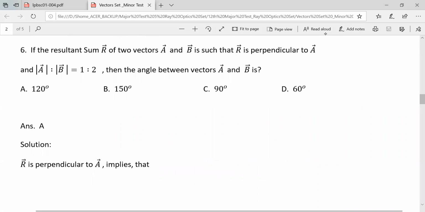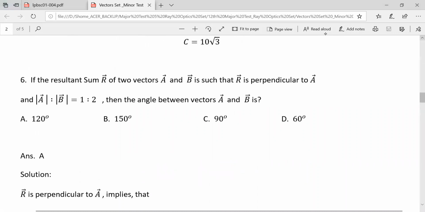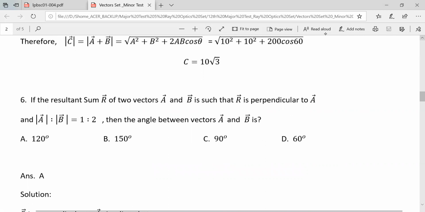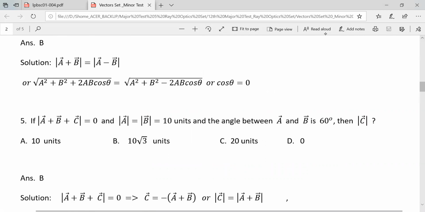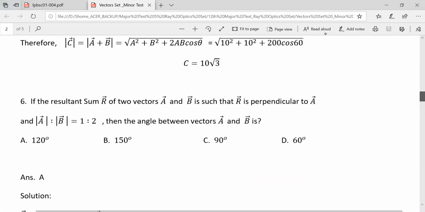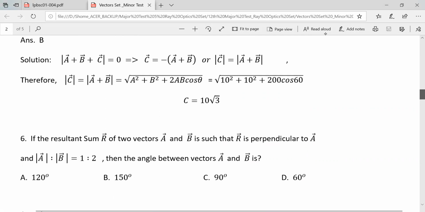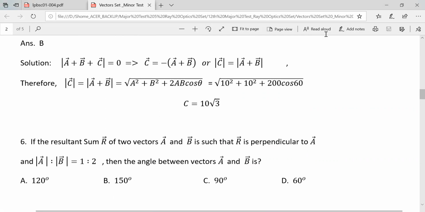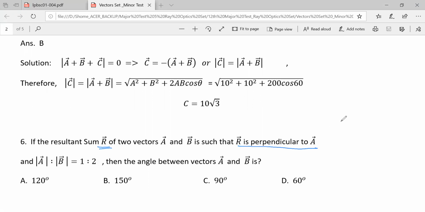Let's come to the sixth one. Okay. So for this type of a question, you can quickly draw a vector diagram to understand. So see what it is saying, that the resultant is perpendicular to A. Okay.